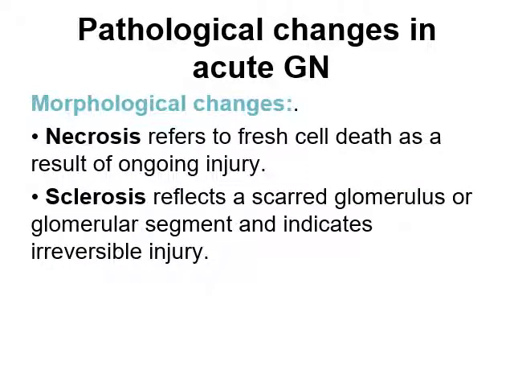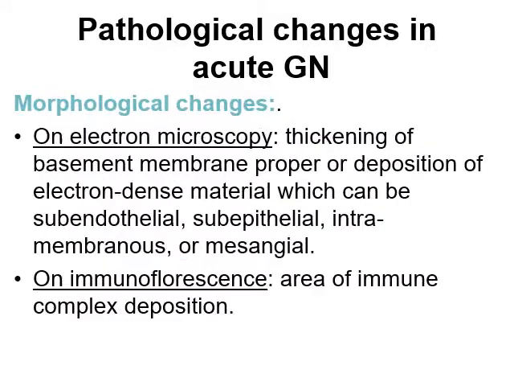So these are the three main items in the morphology, what we are seeing: proliferation, infiltration, basement membrane thickening. Two other terms that you can take an idea about: necrosis, which is cell death, and sclerosis, which is a scarring of the glomerulus.